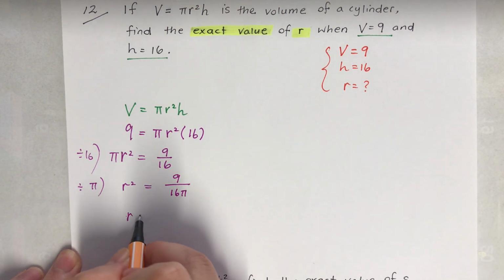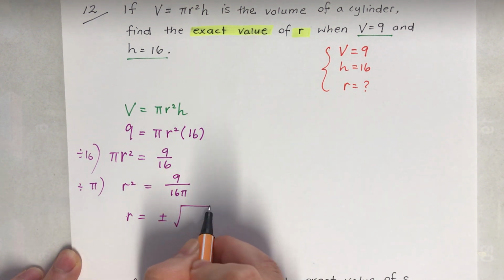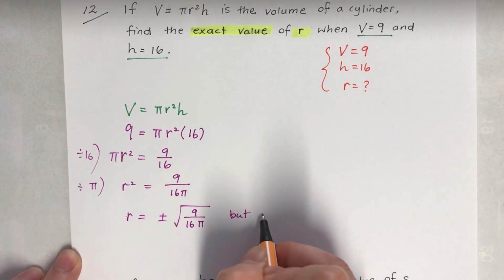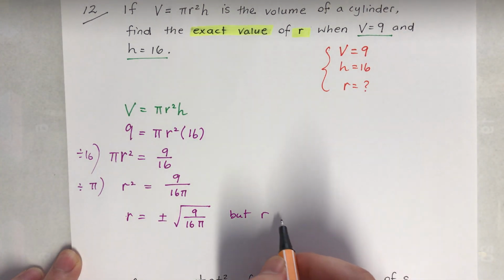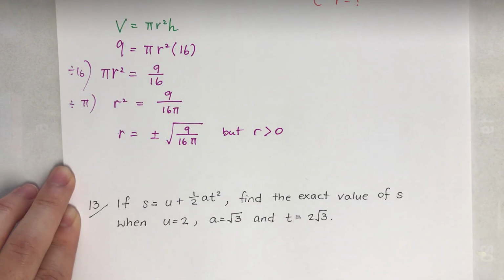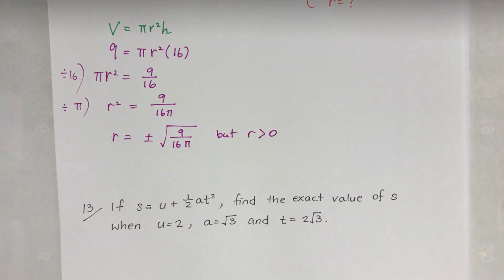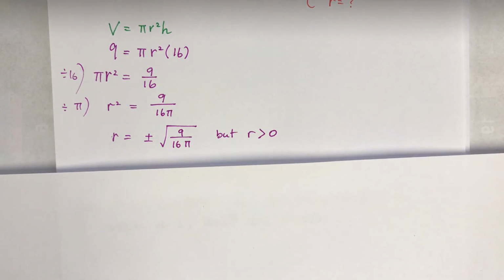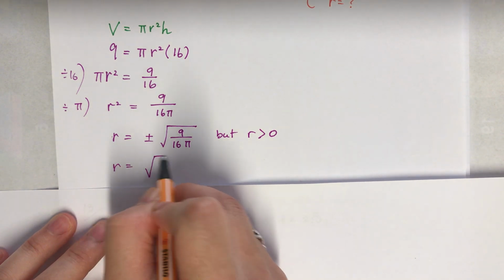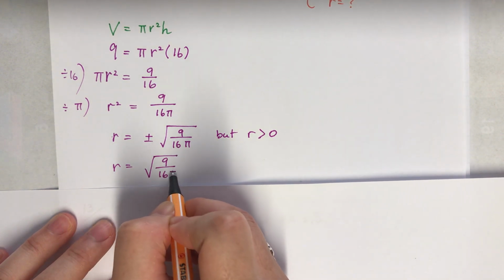Okay, and r equals plus minus the square root of 9 over 16 pi. But r is the radius, which is a distance, so it has to be bigger than 0. So I'm not going to worry about the negative. So r equals the square root of 9 over 16 pi.